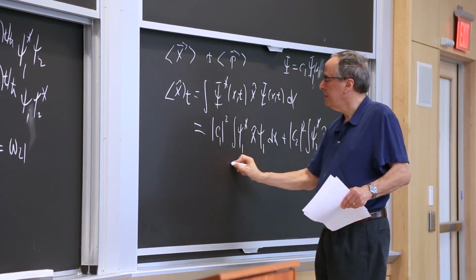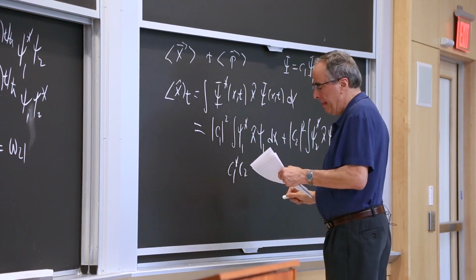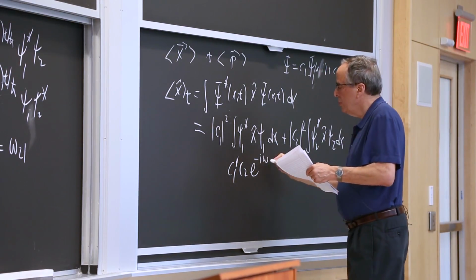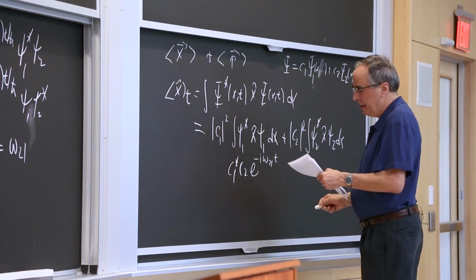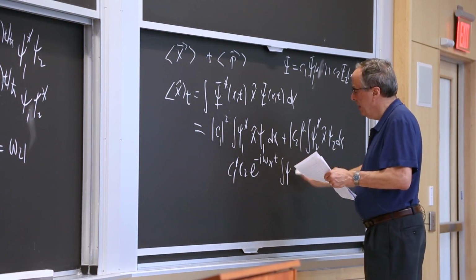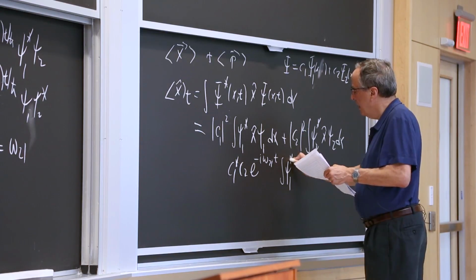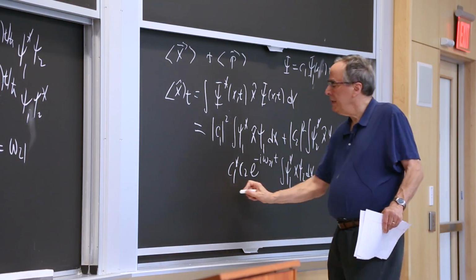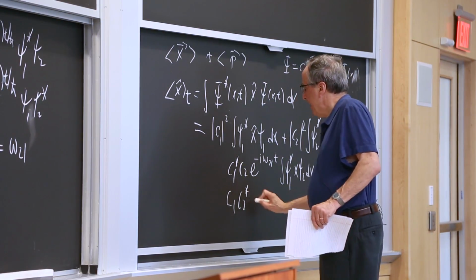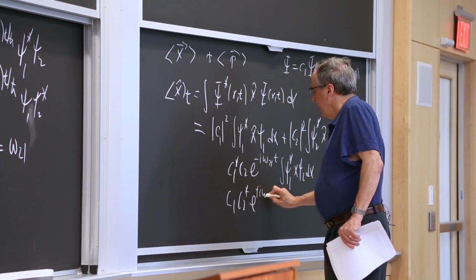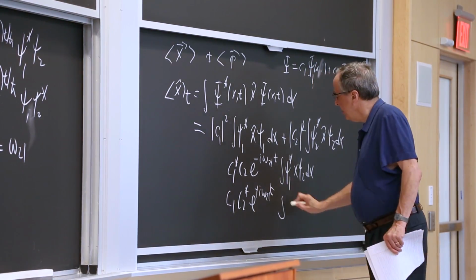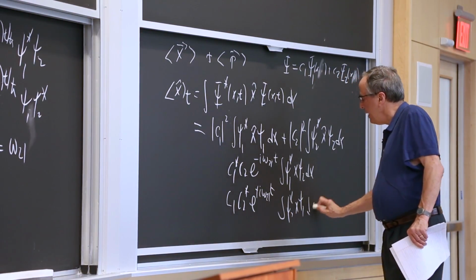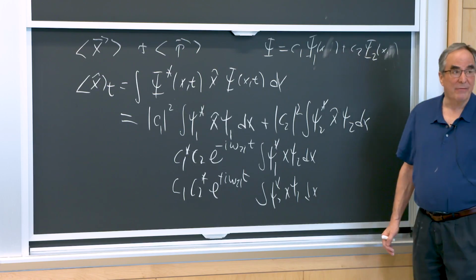And then we get cross terms: C1 star C2 e to the minus i omega 2 1 t times the integral psi 1 star x psi 2 dx, and C1 C2 star e to the plus i omega 2 1 t integral psi 2 star x psi 1 dx. A lot of stuff here.